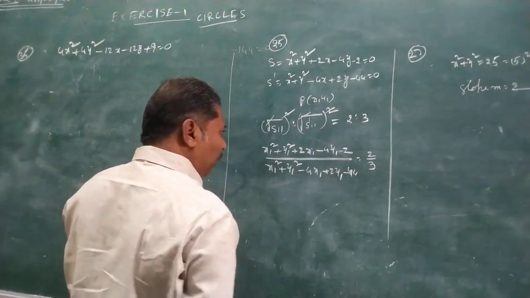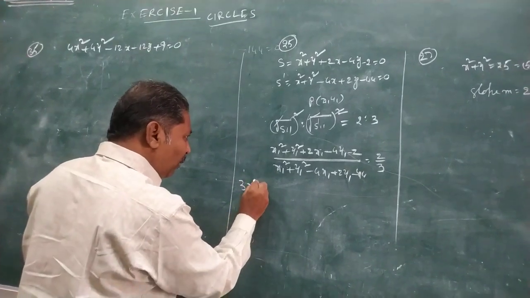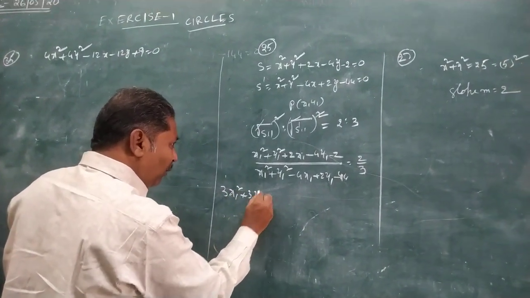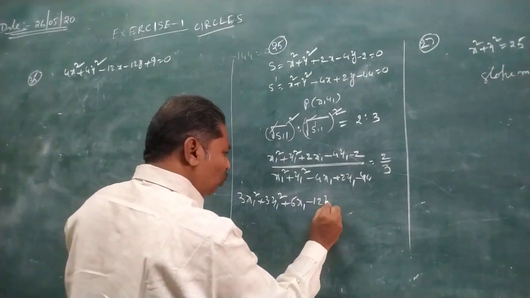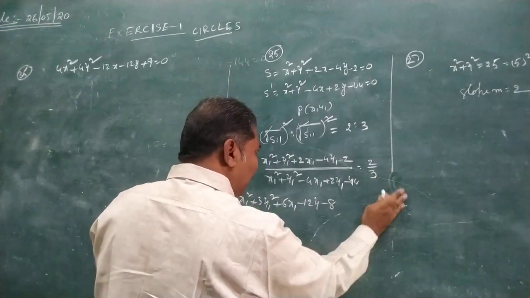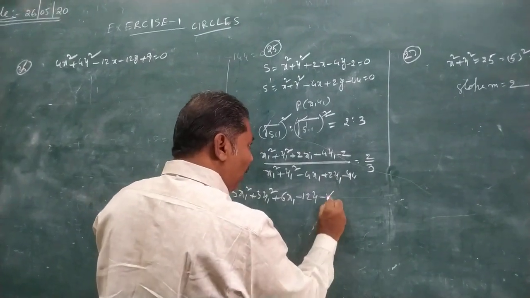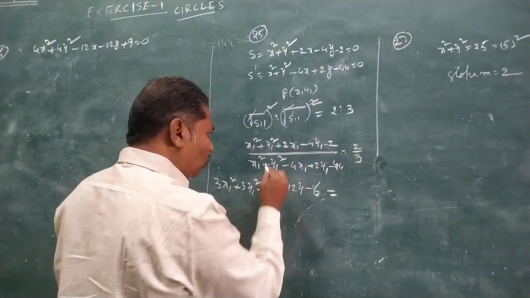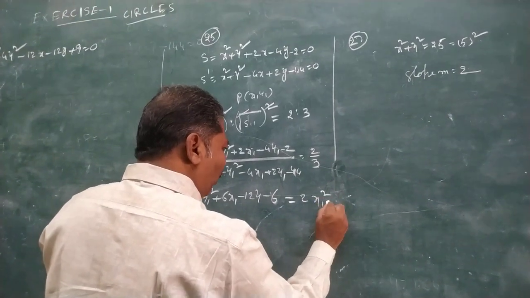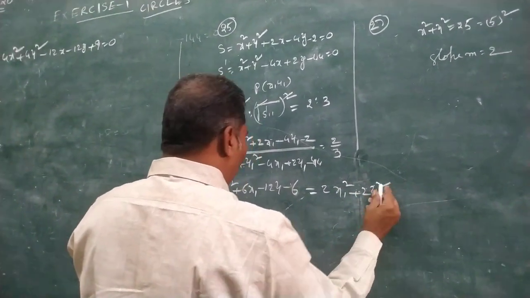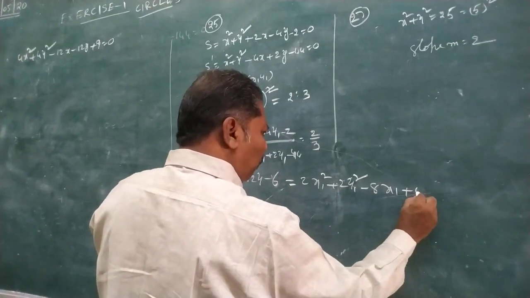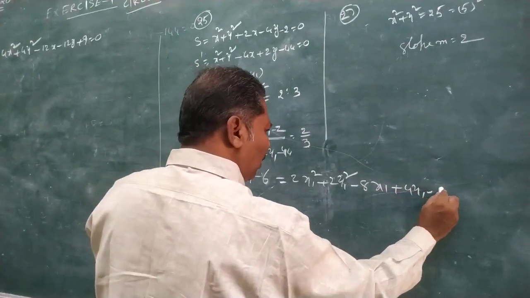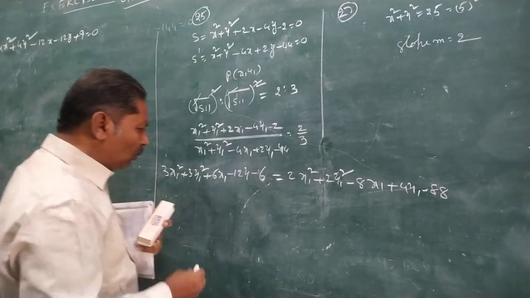By cross multiplication, 3x1 square plus 3y1 square plus 6x1 minus 12y1 minus 6 equals 2x1 square plus 2y1 square minus 8x1 plus 4y1 minus 88.